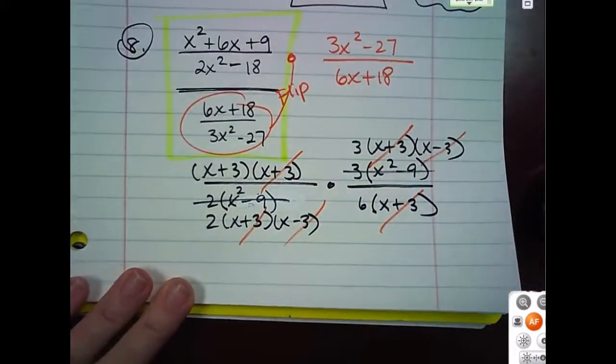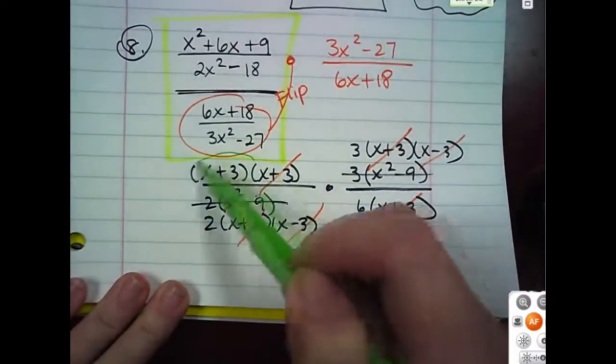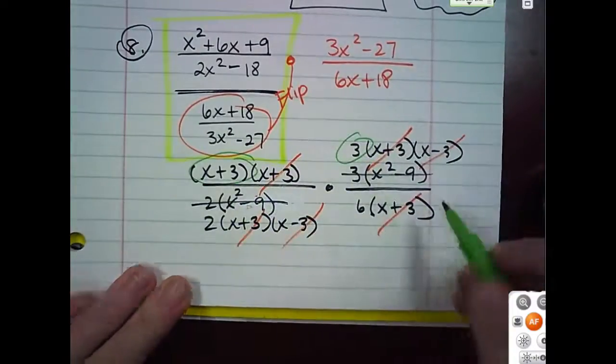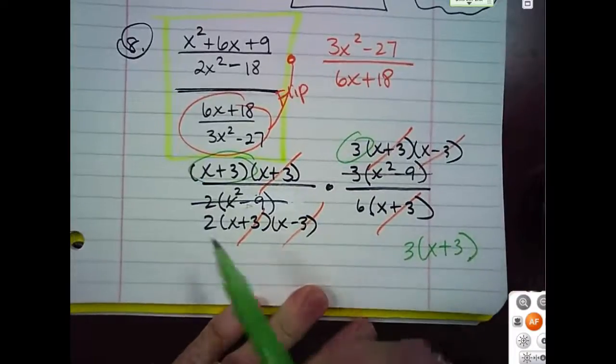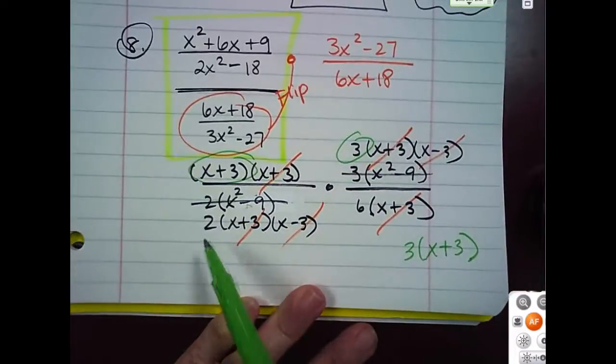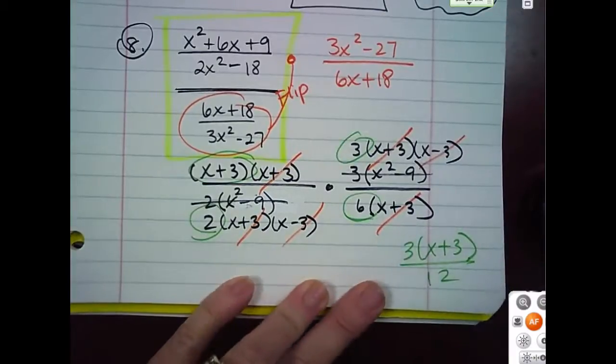Now this is where it gets confusing because there's so much left over. What's actually left in the numerator? An x plus 3 and a 3. In the denominator, I think I just have a 2 and a 6? So can I reduce one more time? Sure. It's okay that I didn't catch everything in the beginning.